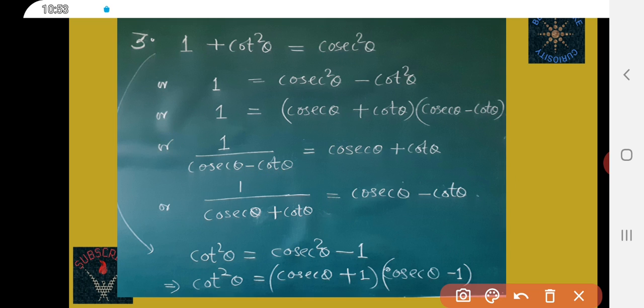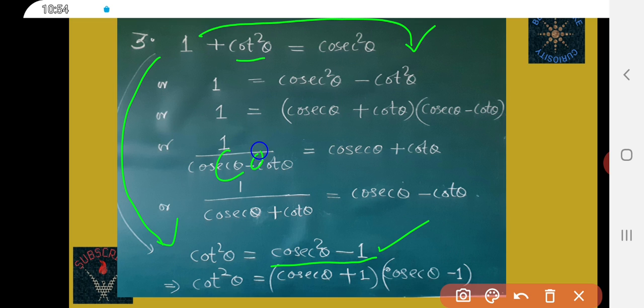They are reciprocal. Okay, now here you can take 1 to the right side also, yes or no? So cot square theta equals what? Cosec square theta minus 1, in the form of a square minus b square.